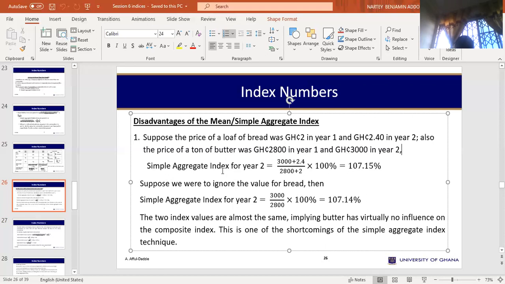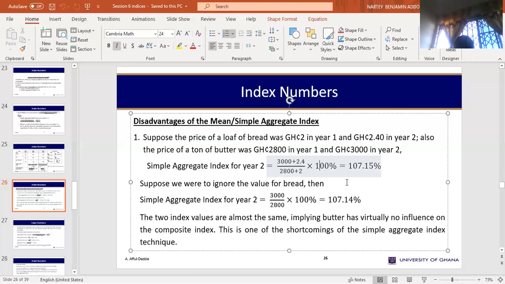Then the simple aggregate index for year 2 will be 1,300 plus 2.4 over 2,800 plus 2, times 100. That would be 107.15. Suppose we were to ignore the value for bread, since you see the value for bread was very small.